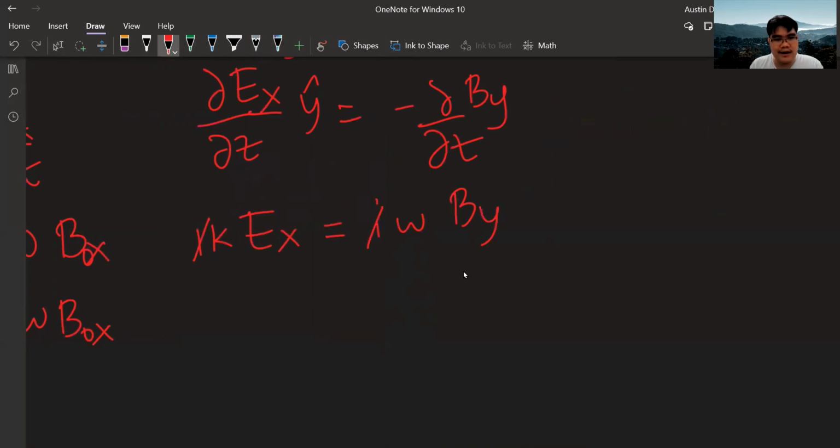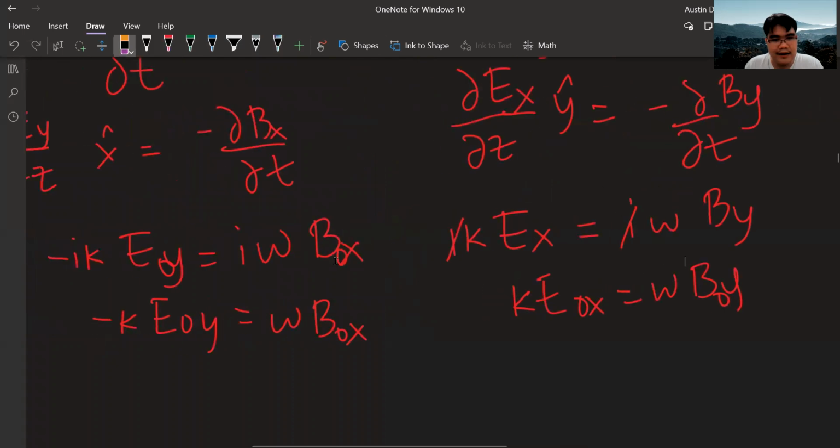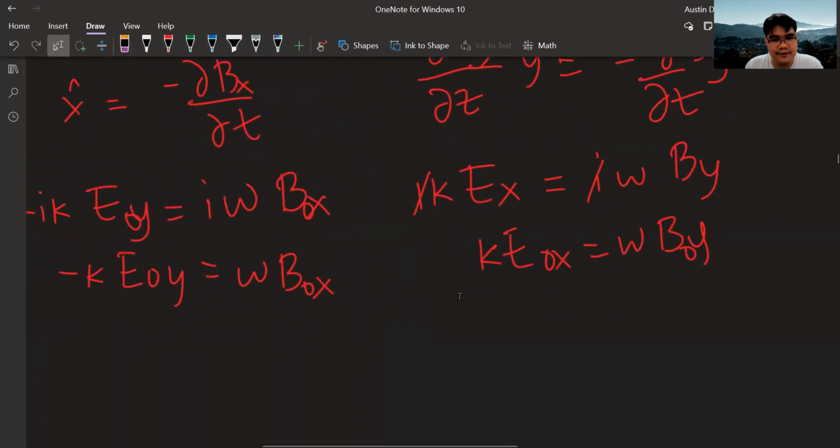Cancel, k E naught x. Okay, yung E naught ay galing lang doon sa notation. Hindi ko lang sinusulat in our solutions para madali yung solutions natin. Okay, so you have this.